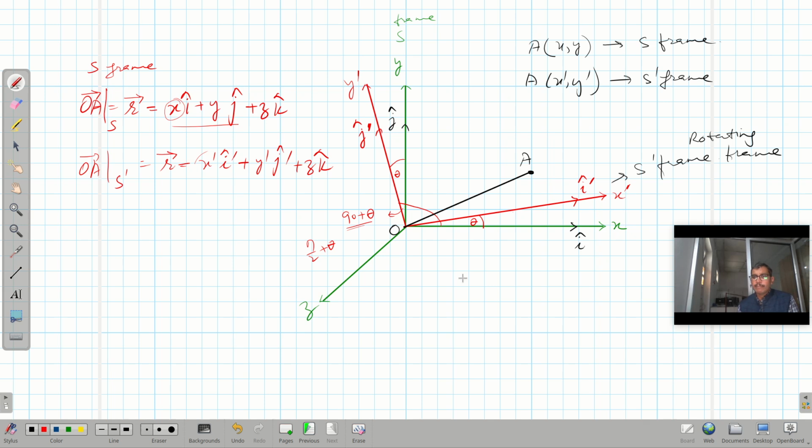Suppose we are having a vector like this. Again, I am considering a coordinate system, and say there is some point here, and say its position vector is r. Then how can it be represented if it is making an angle theta with this? I will basically generalize this concept here.